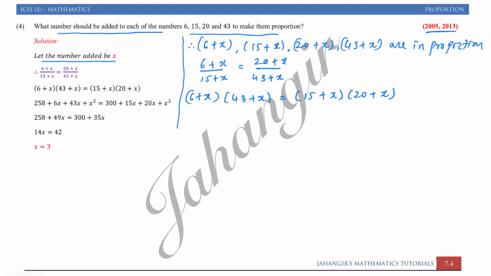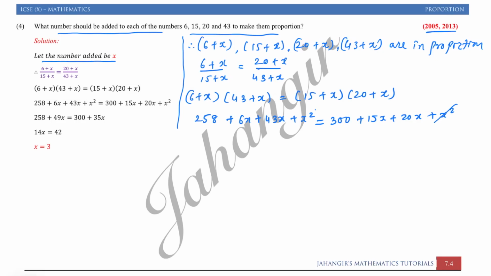Now here we will multiply: 6 3s are 18, 6 4s are 24, 258 plus 6x plus 43x plus x square. 15 into 20 is 300, so 300 plus 15x plus 20x plus x square.